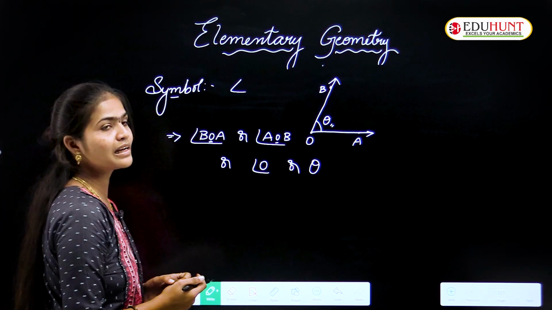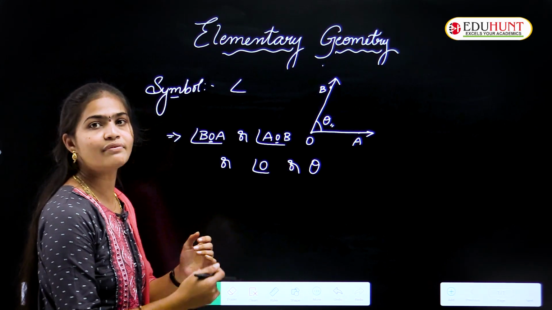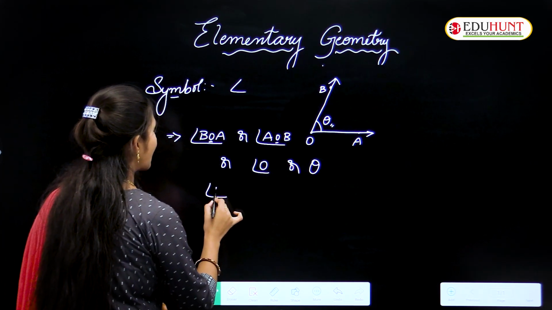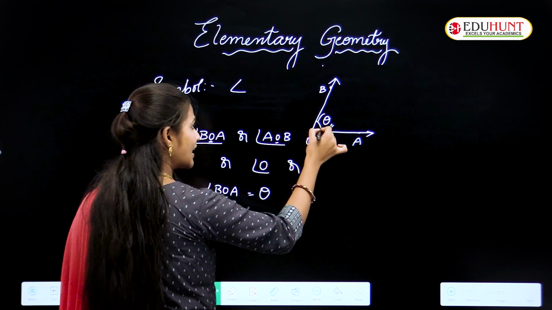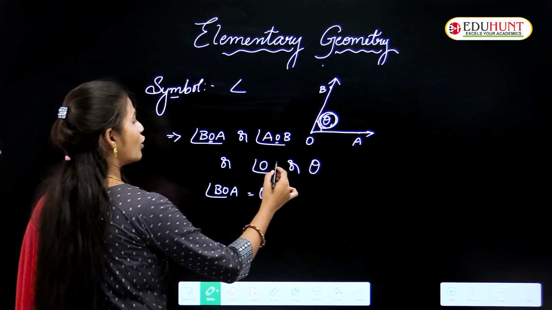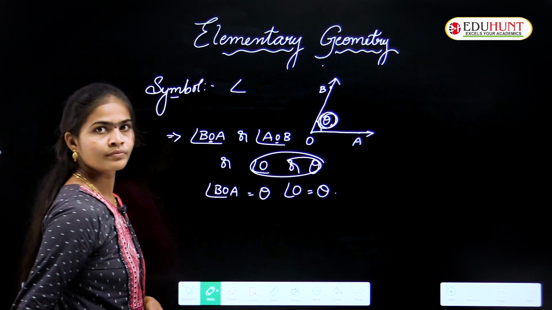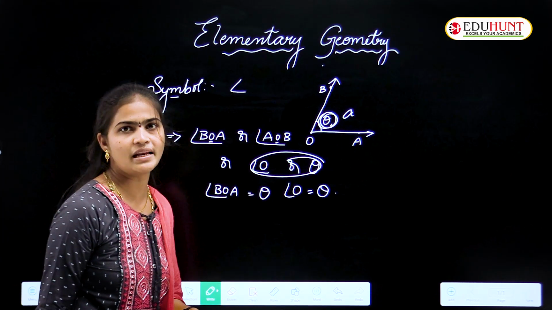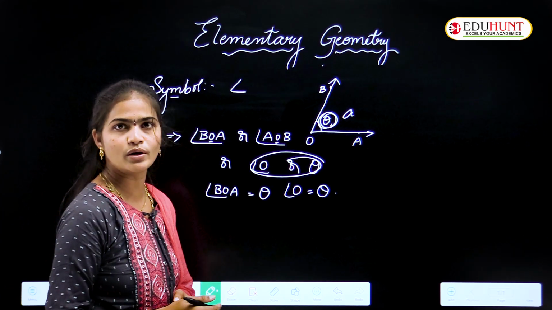These are all representations; we can take any one of them to represent the angle. Or we can write angle BOA equals theta, because the angle BOA, which I took as theta, is formed at O. So we can write angle O equals theta. Or at this place we can take small letters also, small a, small b. That is also an angle.